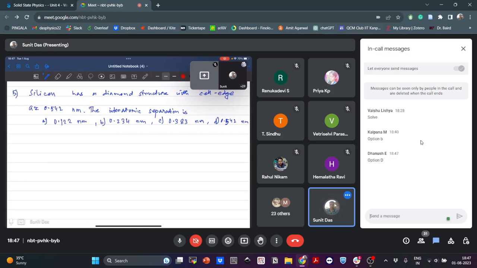No, Dhanush, option D is not correct because the cell edge dimension itself is 0.542 nanometer. So the interatomic separation is different from the cell edge or the dimension of the cell. Okay, solve the problem.